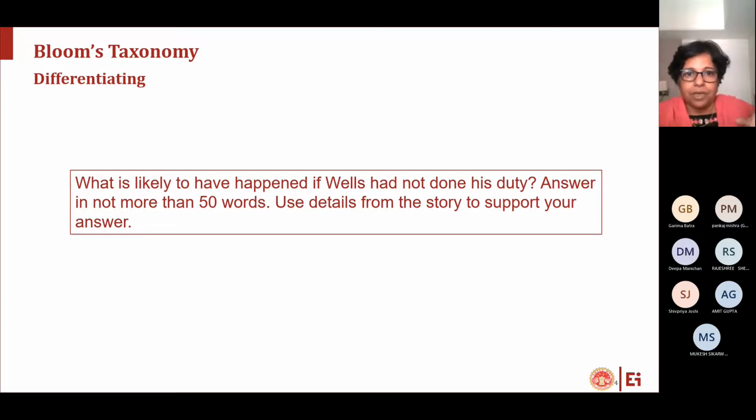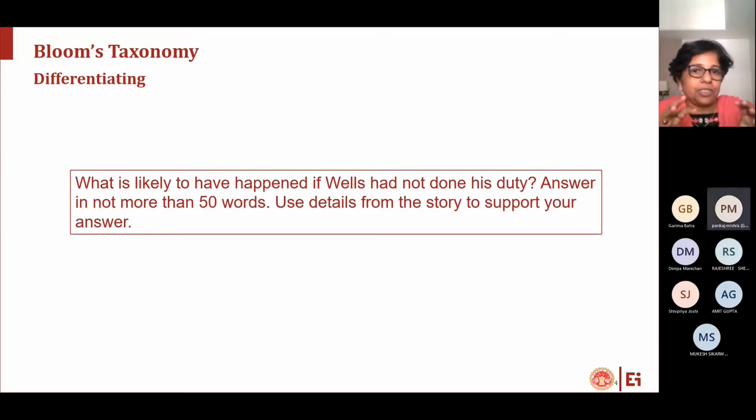Okay. So now it is asking to imagine a situation. What is application? Application is basically what you know and you apply in a unique and different situation outside the classroom. The classroom text says this is what Wells did inside the story. Suppose Wells did not do what he did, like a hypothesis. Then you are applying your knowledge of what he did to a situation, what if he had not done it, what would have been the consequences?